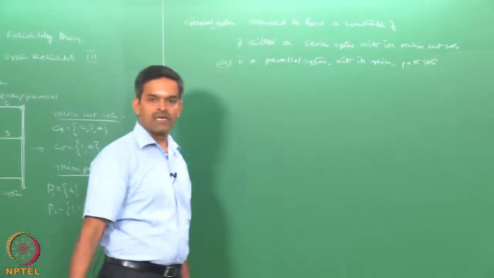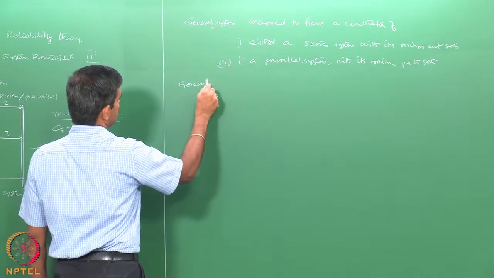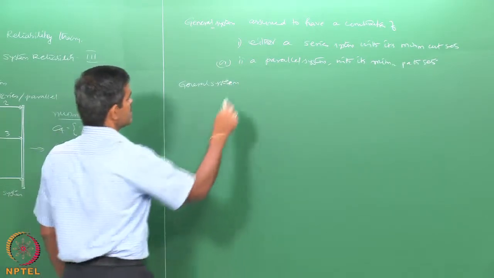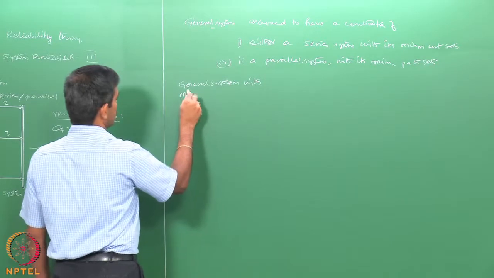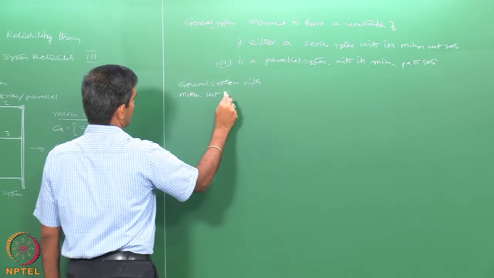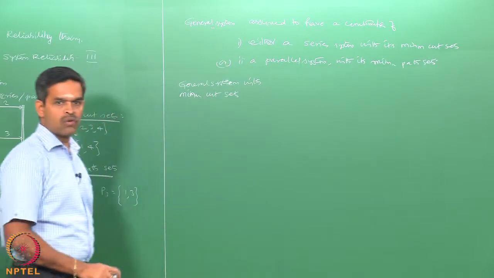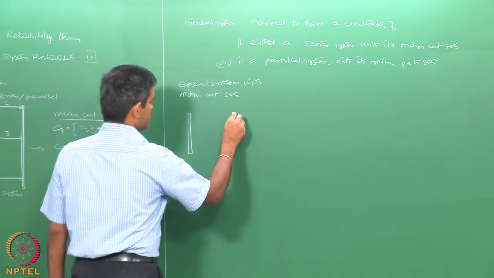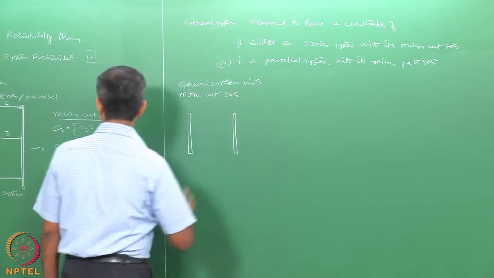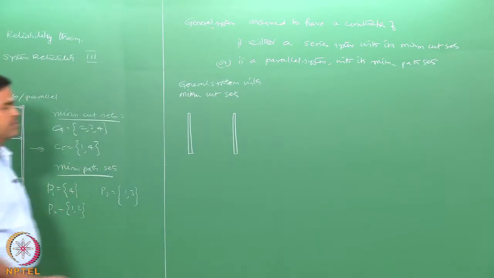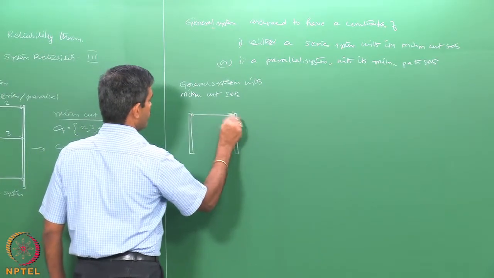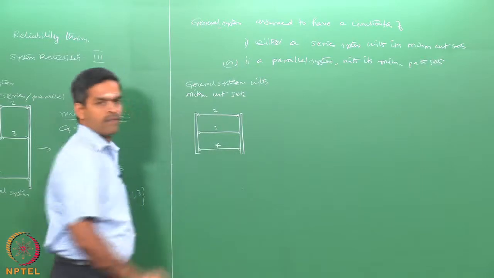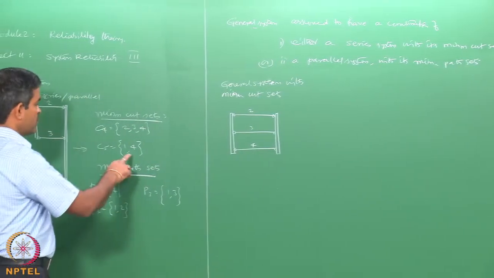Let us represent this graphically. General system with cut sets, which is going to look like this. The cut sets are 2, 3 and 4. The other cut set is 1 and 4.